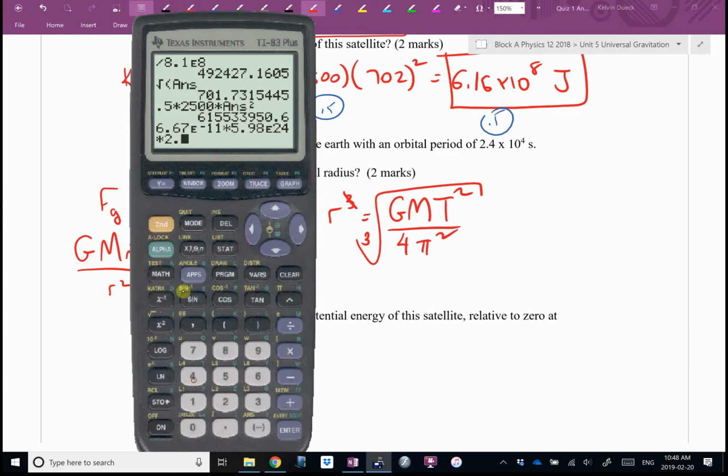T, 2.4 times 10 to the 4th squared, divided by 4 pi squared. And then I want the cube root of that. For me, it's math option 4, answer button. You get 1.7, I guess 1.80 if I round off properly, times 10 to the 7.